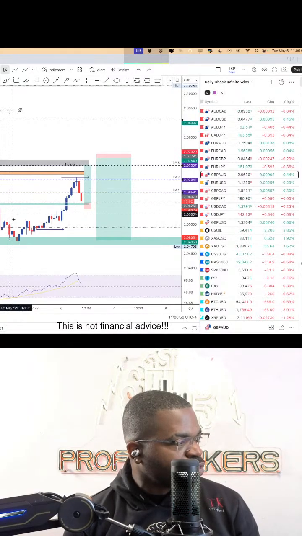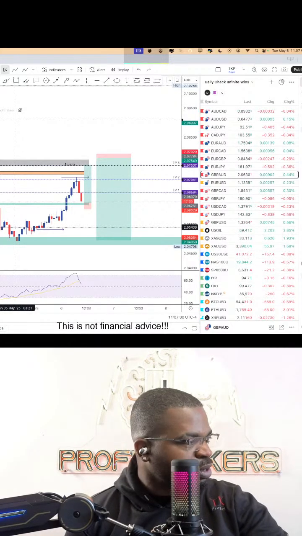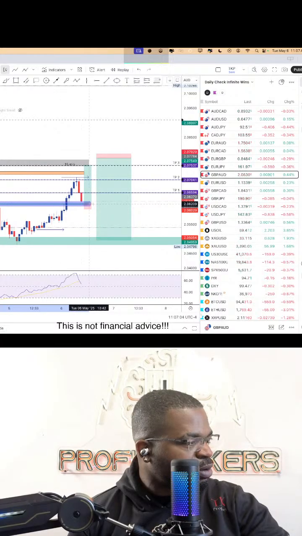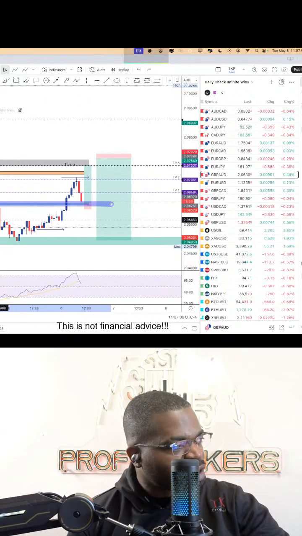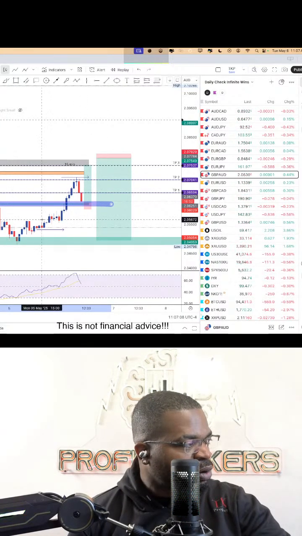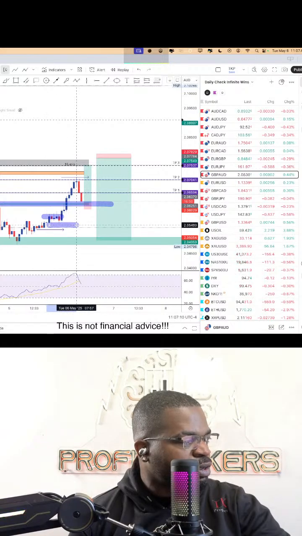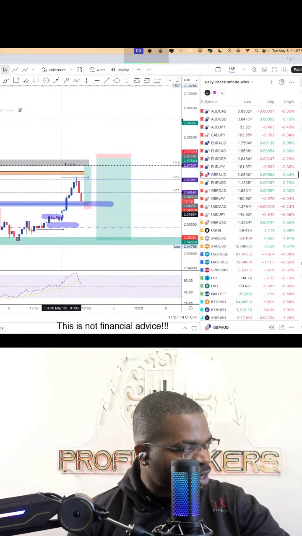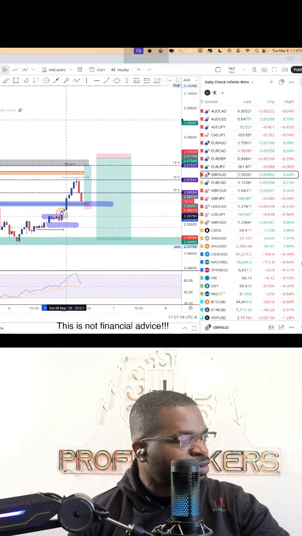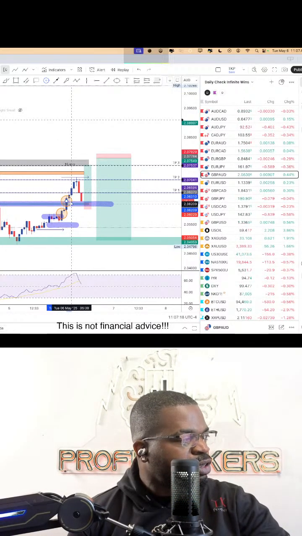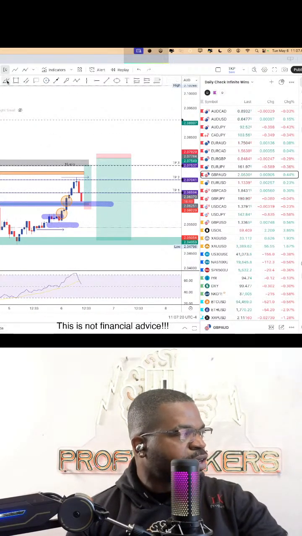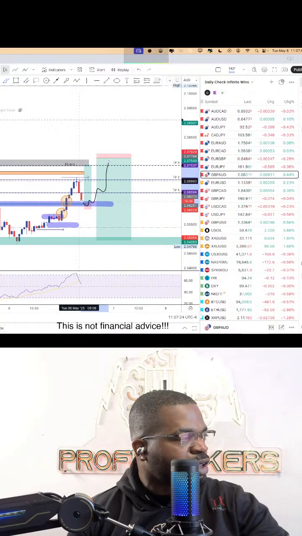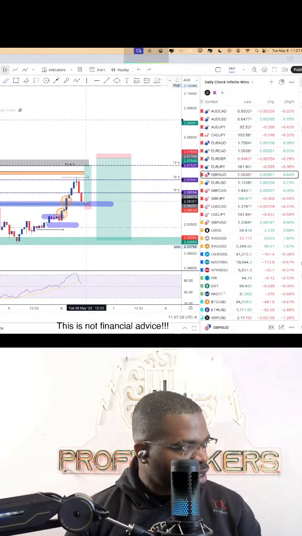So this is what I do when I take my trade setups. I really keep it simple. I identify where price is consolidating, whether it's areas like this, a macro level of consolidation, or you're looking at a micro level of consolidation like this. Normally after price breaks above, in this case it broke above moving up, you'll see a retest to those areas that it broke, and you'll get a continuation in that trend.